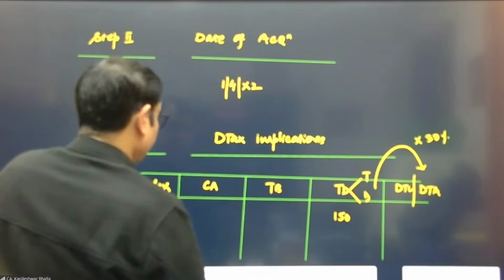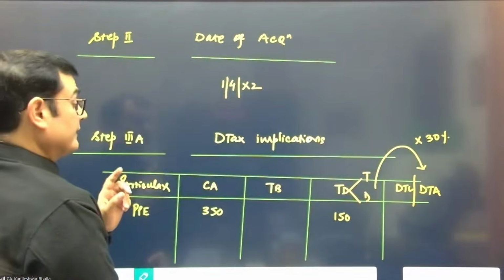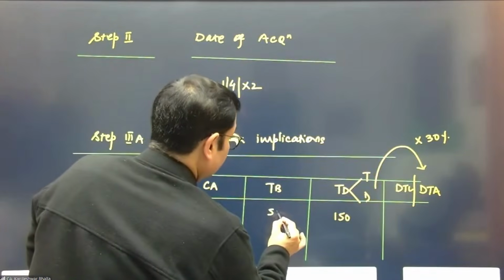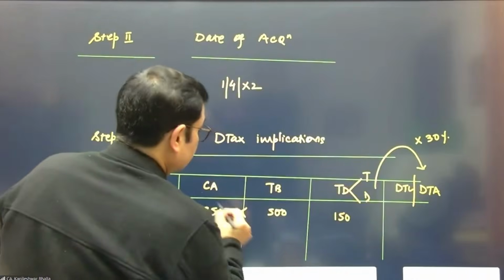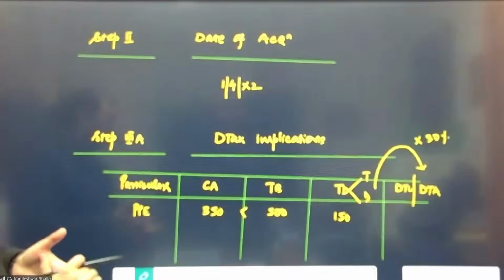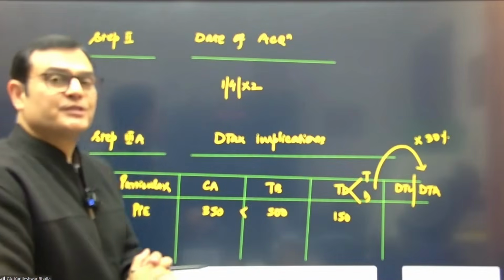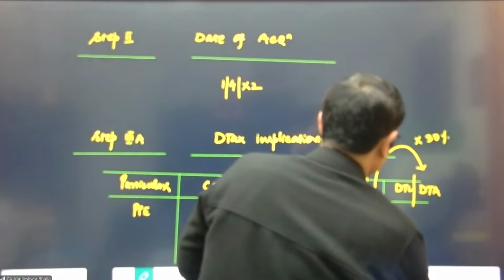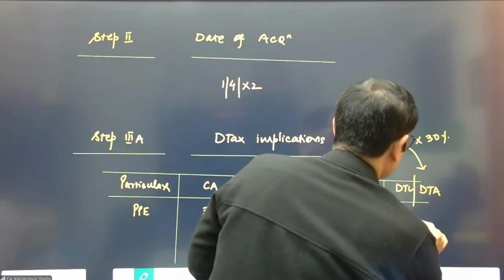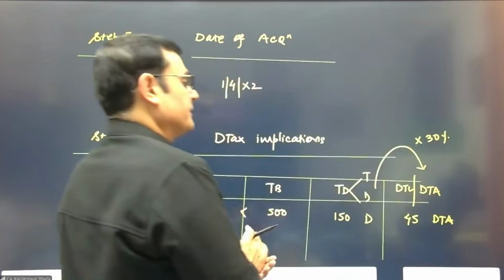Since the fair value is now 350, that is the carrying amount, and the book value becomes the tax base. So the tax base is greater than the carrying amount. Is this a taxable or deductible difference? Deductible. Wonderful. So I'm putting this as D, deductible. This will lead to a DTA at the rate of 30%.